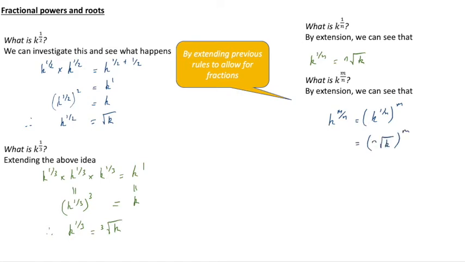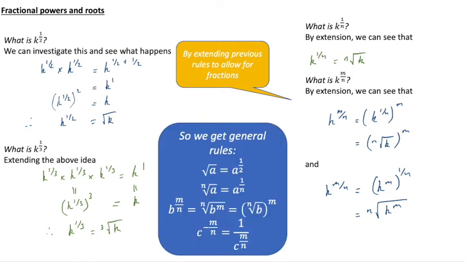And we know that k to the power of 1 over n is the nth root of k, and so we can express k to the power of m over n as the nth root of k, to the power of m. We could also do it the other way round. We can say that k to the m over n is equal to k to the m, all to the power of 1 over n, and therefore it's equal to the nth root of k to the power of m.